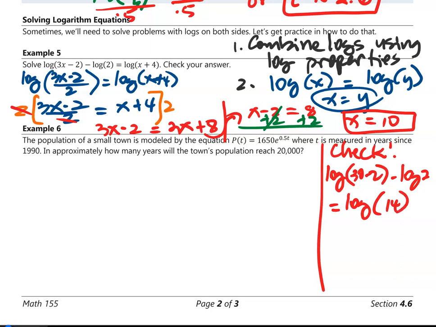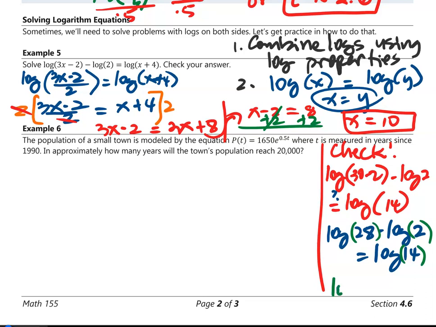So 30 minus 2 is log of 28 minus log of 2. Is that equal to log of 14? Minus, meaning you can divide this. 28 divided by 2 is 14. And that is equal to the right side, log of 14. So this is correct.